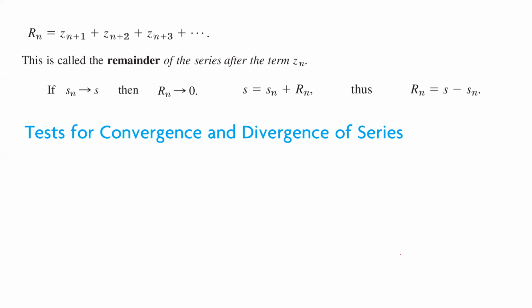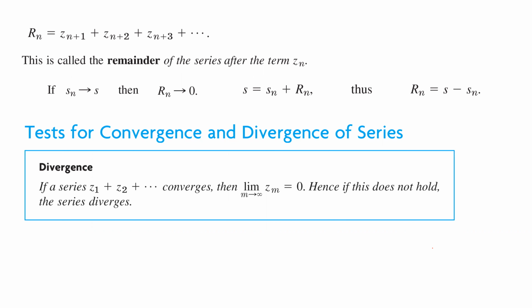Now we have tests for convergence. This is what you asked. How do we know if a series is convergent or divergent? We have tests for it. The first thing we want to know is that if the series converges, then limit of Zm is equal to 0. So if you see a series where the limit of Zm, the limit of the sequence, is not 0, then the series diverges. For example, remember i to the power n. When n approaches infinity, this doesn't go to 0.